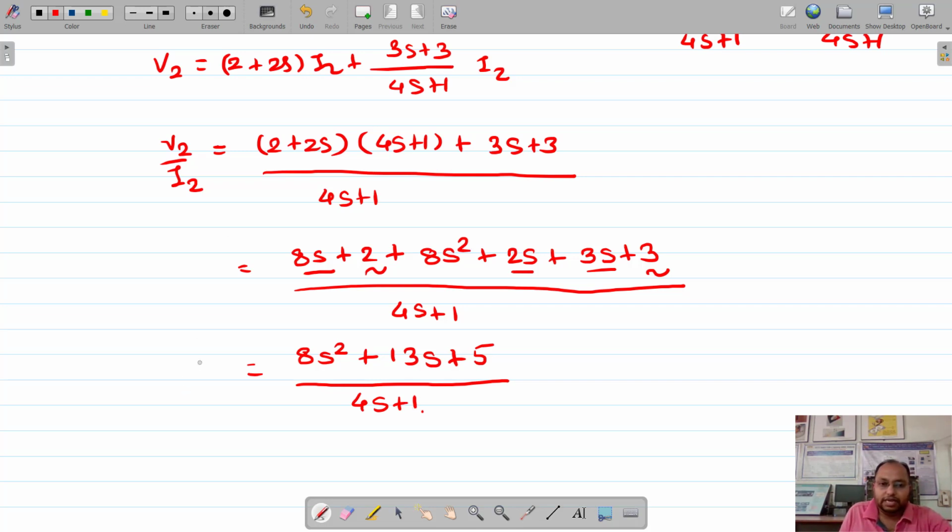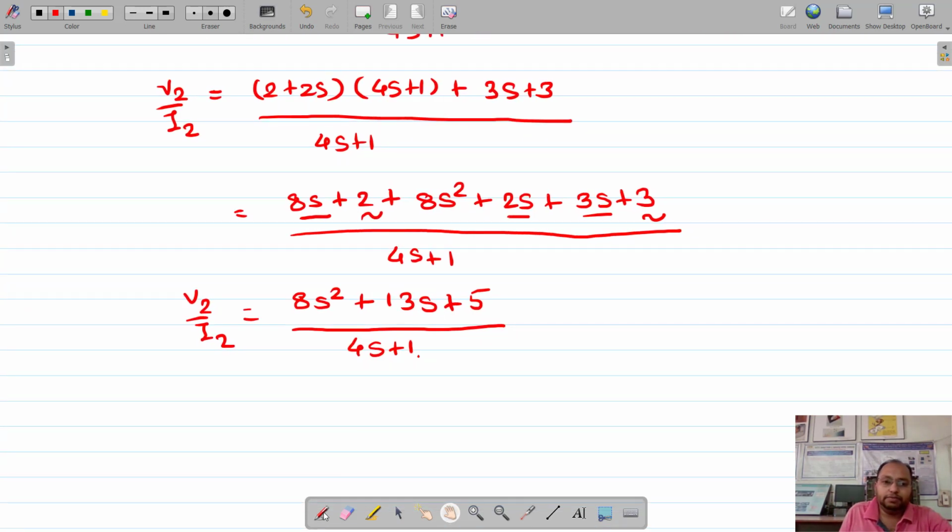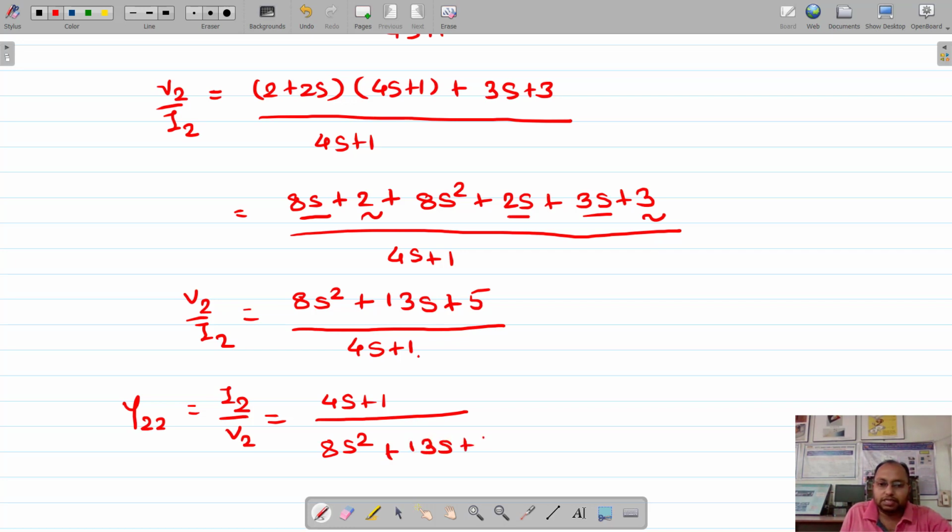Okay, now let us do the reciprocal of this, because our y22 is nothing but I2 divided by V2, right? So therefore y22 is nothing but I2 by V2, yes, and that is nothing but (4s plus 1) divided by (8s square plus 13s plus 5). Okay, fine.